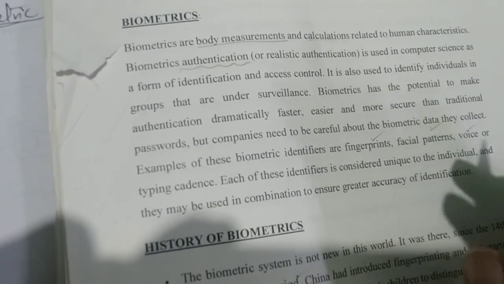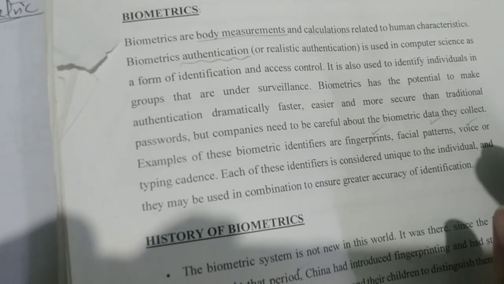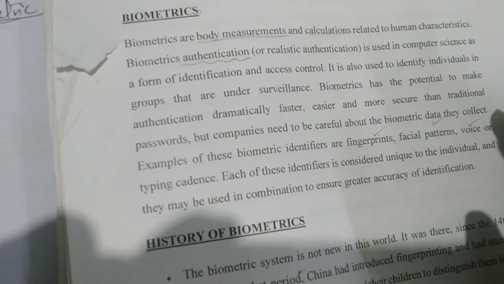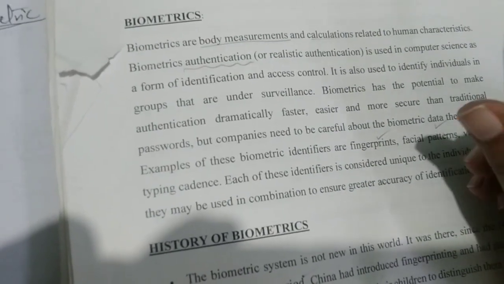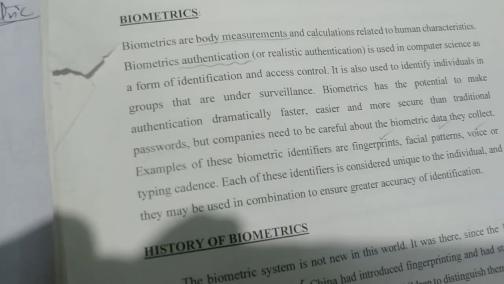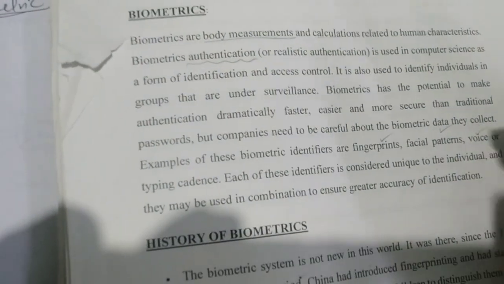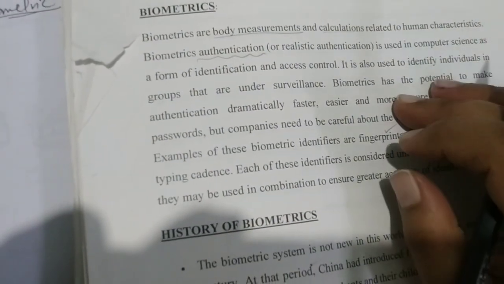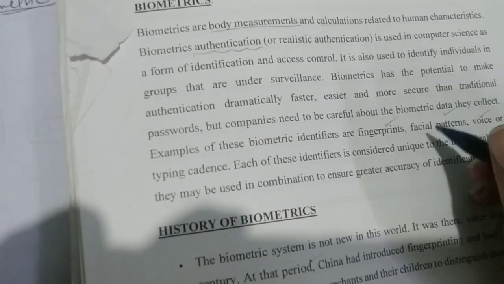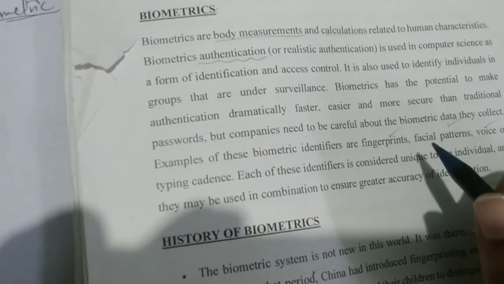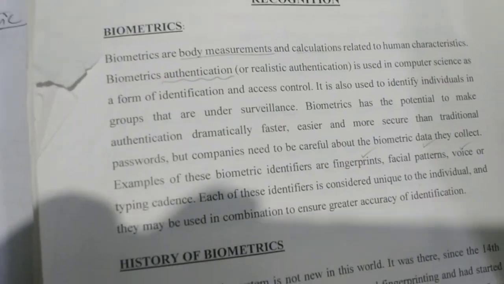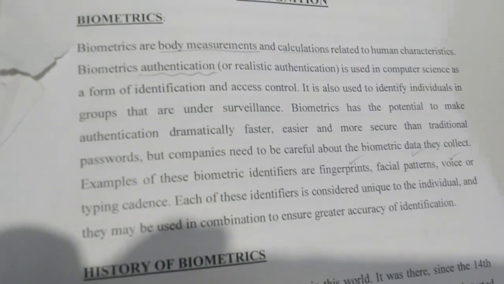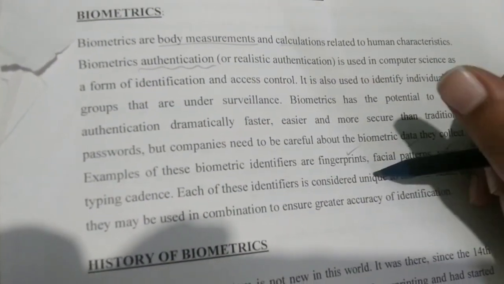For example, in colleges the biometric is taken by the thumb, like our fingerprints, or by eye, which comes under facial expression. You can give any one, so they can recognize you, and that is very unique.